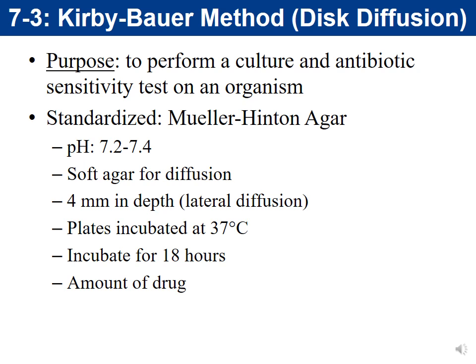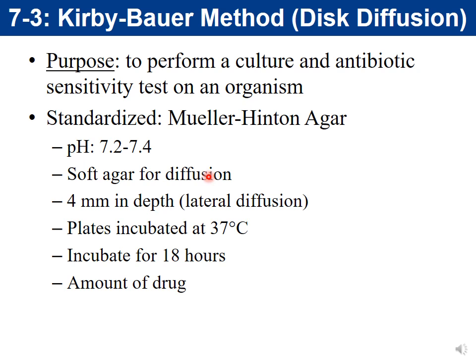So one, you want to know that this test is standardized, meaning that when this test is performed, there are several things that have to be kept constant in order for your results to be meaningful. And so the type of agar that we use is this Mueller-Hinton agar. And then you want to know, why do we use the agar at a pH of 7.2 to 7.4?